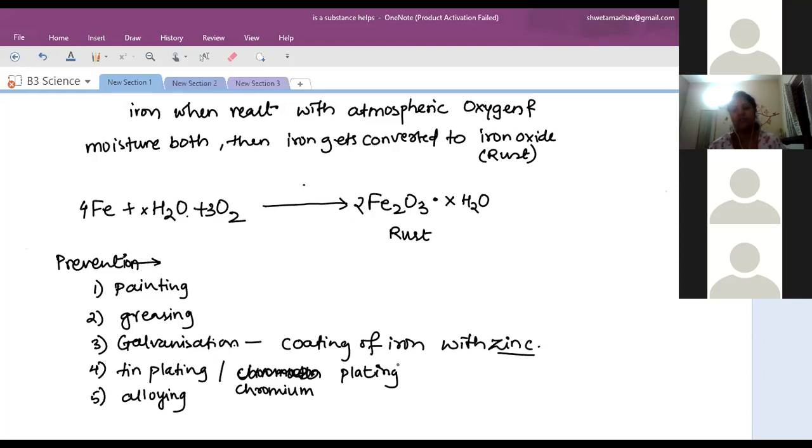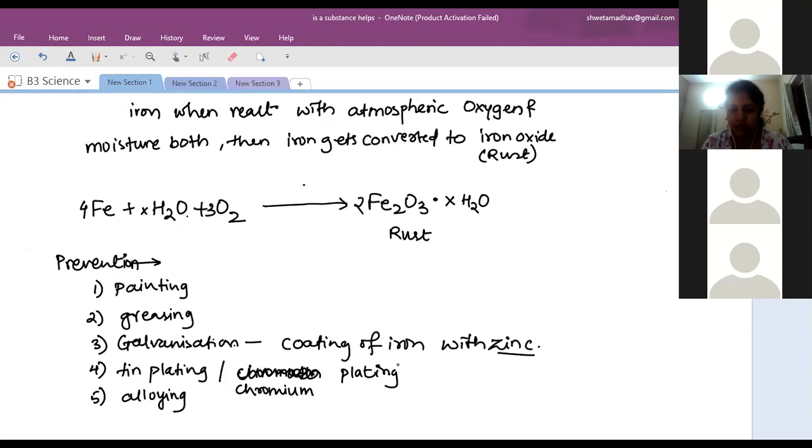Out of that, stainless steel is completely corrosion free. Stainless steel is an alloy of iron, nickel, cobalt, and carbon. When these four are added, stainless steel is prepared. So alloying is one of the methods of prevention of rusting of iron.